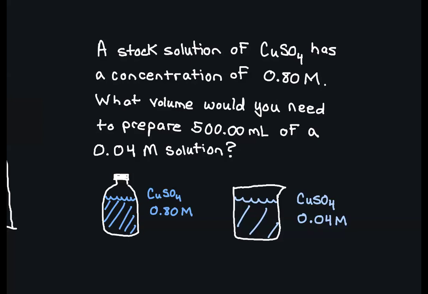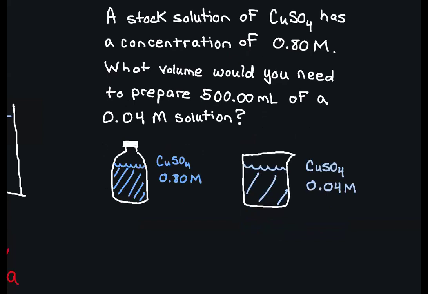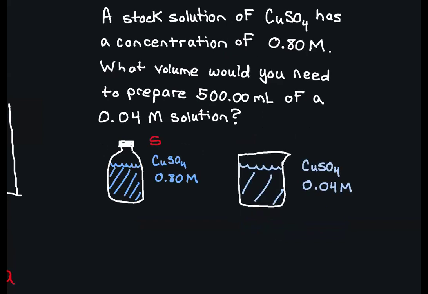So if we break this up, we have two solutions here. We have our stock solution. The stock solution has a concentration of 0.8. And then we have what we'll call the new solution. The new solution has a concentration of 0.04. And the other piece of information we're told about it is that the volume is 500 milliliters.